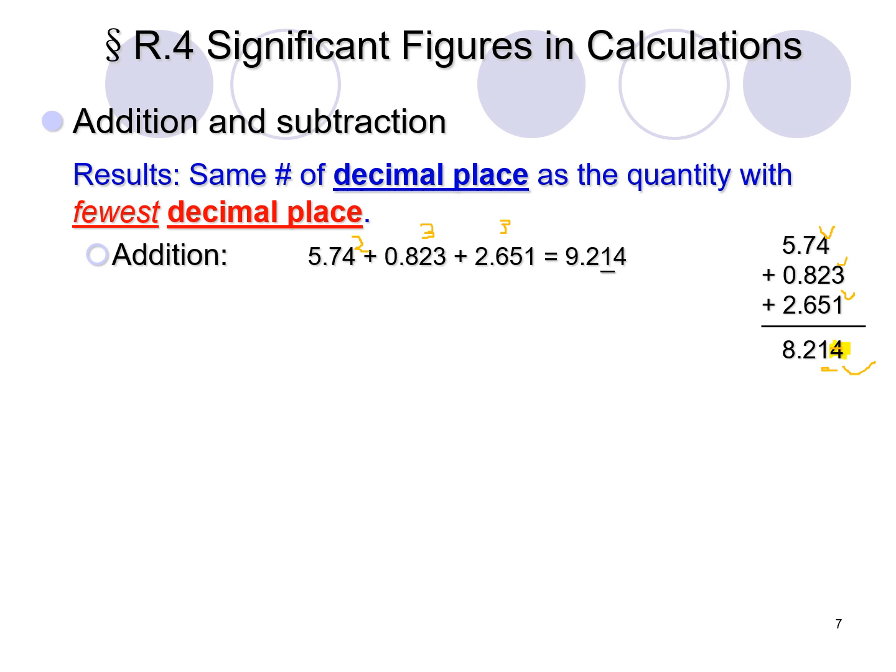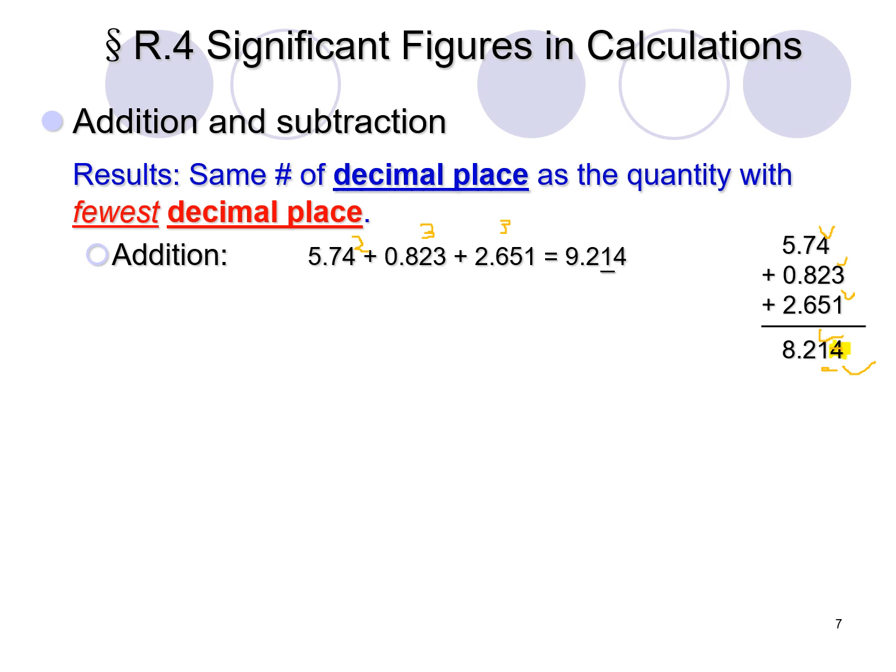It means that 1 is also uncertain, because one of these 3 digits, when we do the addition here, is uncertain, even though the other 2 are certain. But since 1 is uncertain, it becomes uncertain. Kind of like a bad apple in a pile of good apples. So we realize that the sum 8.214 has 2 uncertain digits.